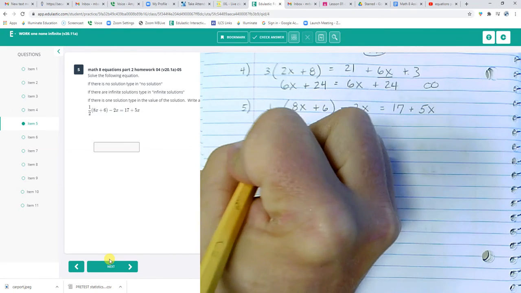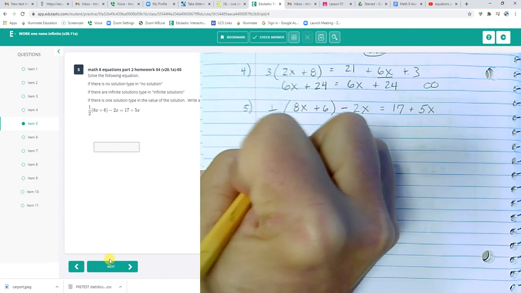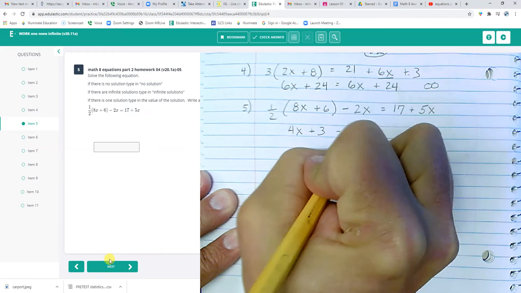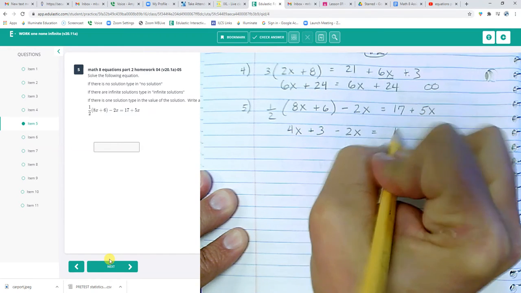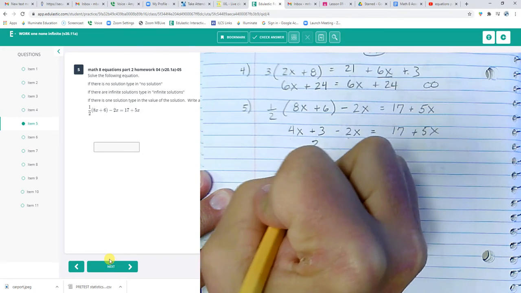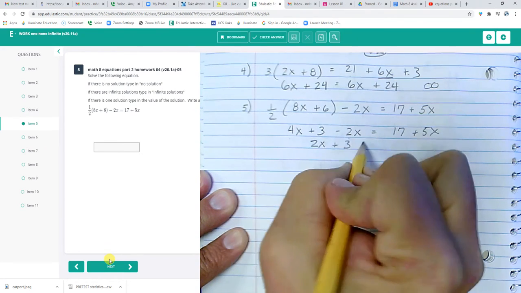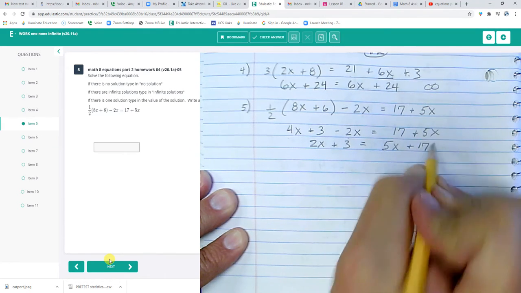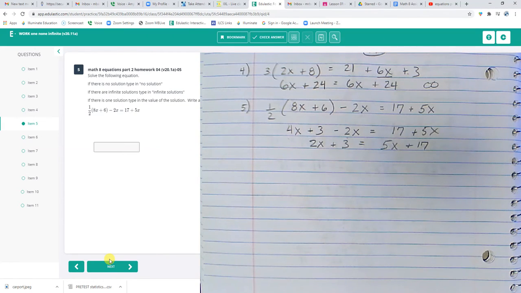Little distribution, half of 8 is 4x, half of 6 is 3, minus 2x equals 17 plus 5x. 4x minus 2x, so I've got 2x plus 3 equals, I'm just going to order this, 5x plus 17. Okay, so there's going to be one solution, but we have to find out what it is.